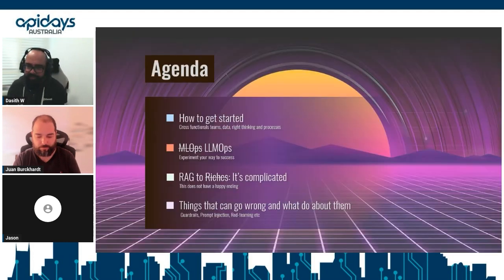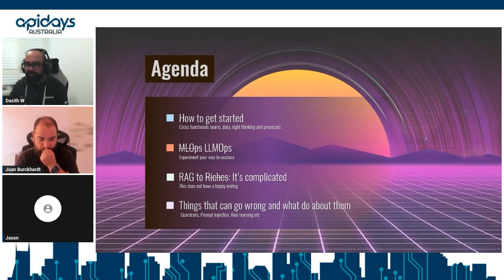The agenda for today is to talk about how to start from zero, what you will need, the kind of mindset changes that you'll need to make when you're developing LLM applications. And then Juan will talk about LLM ops and what that means in terms of experimentation and how you need to incorporate this into your flow. And then Jason will touch on retrieval augmented generation and why it's not always as rosy as everyone seems to think.